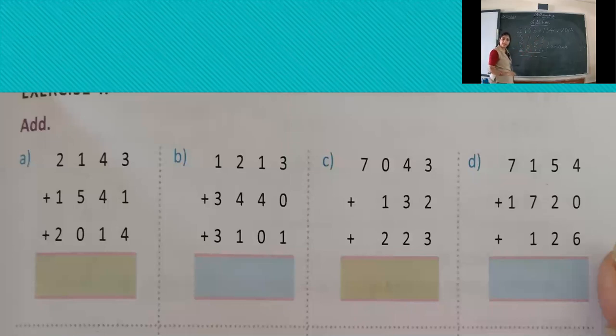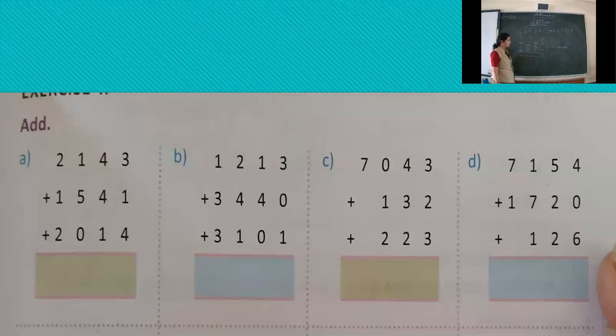ones place. Let's see. 3 plus 1. Children, you can do it by forward counting. 3 plus 1 is 4. Now keep this 4 in mind and add 4 more to that. So after 4, again you have to add 4. So 5, 6, 7, 8. So here 8 will come.